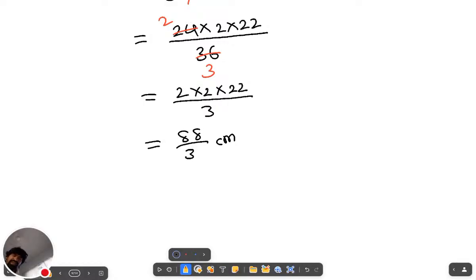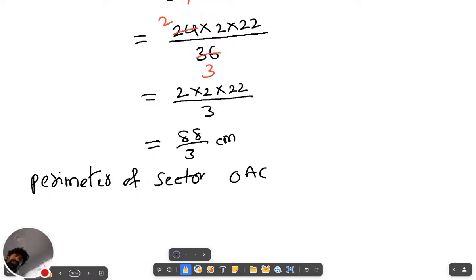So now the perimeter of OACB. What is the perimeter of sector OACB?